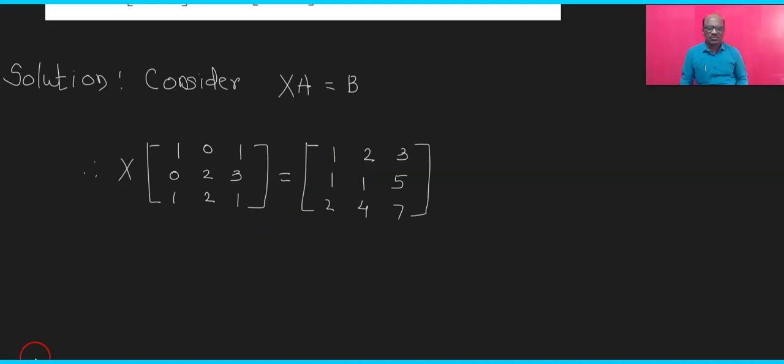First this is 1, make this 0, it is already 0, make this a 0.